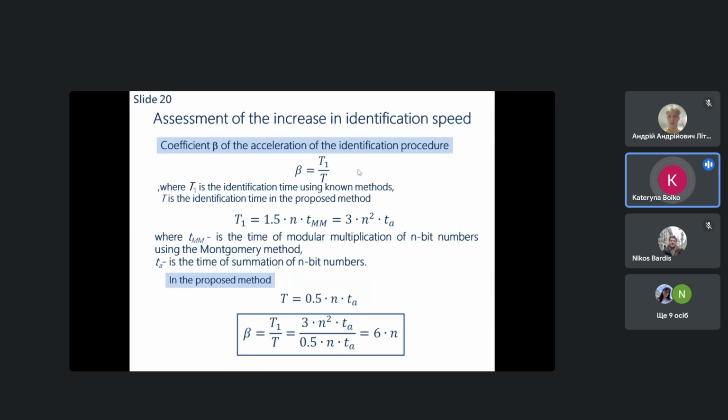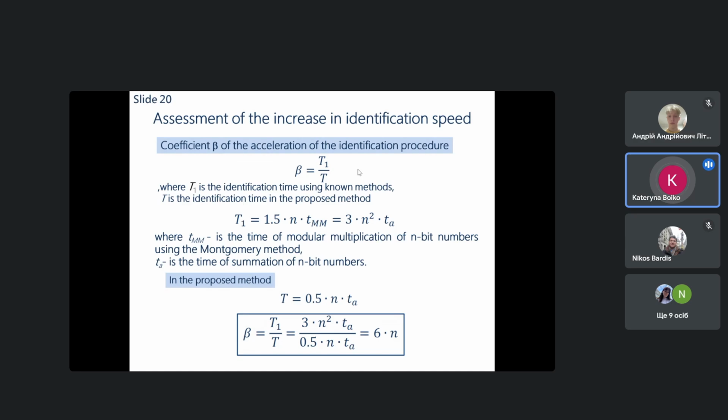The main advantage of the proposed modification of the Schnorr method is a radical increase in identification speed. The numerical measure of this speedup is the beta acceleration coefficient, which is defined as the ratio of the identification time in the known scheme to the identification time in the proposed scheme.